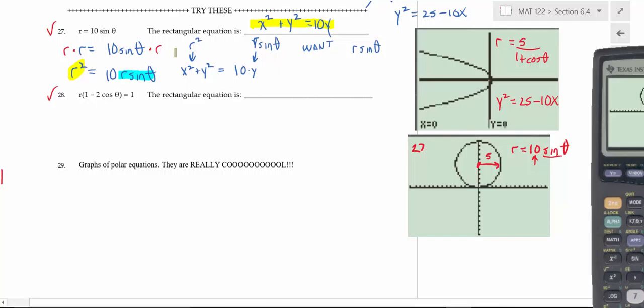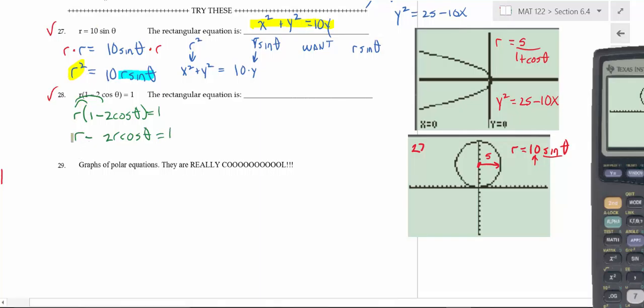Now the next one. Again, when you see a cosine theta, you want it to say r cosine theta so that you can do that substitution. So if you do the distributive property, you're going to get r minus 2r cosine theta equals 1.